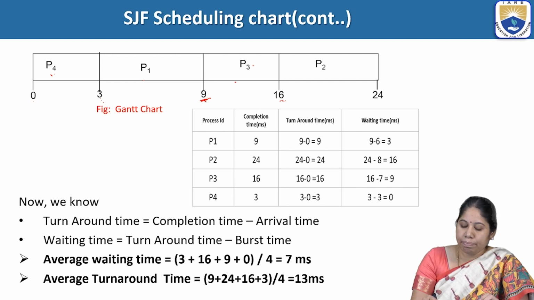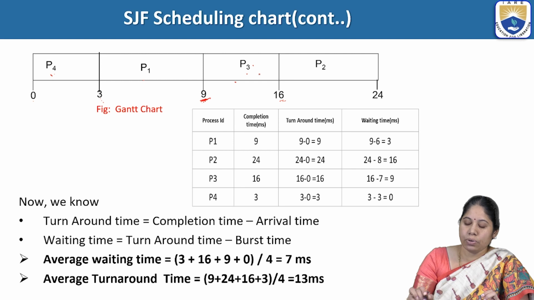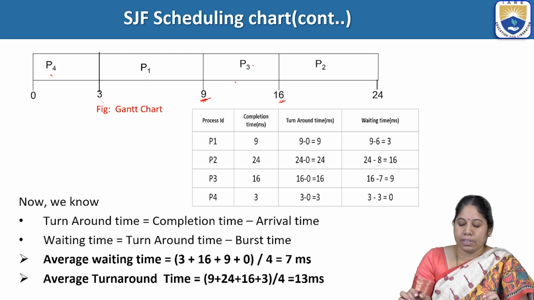So at time 9, P3 takes the CPU and completes the execution at 16 milliseconds. So the waiting time of P3 is 9. The completion time of P3 is 16.